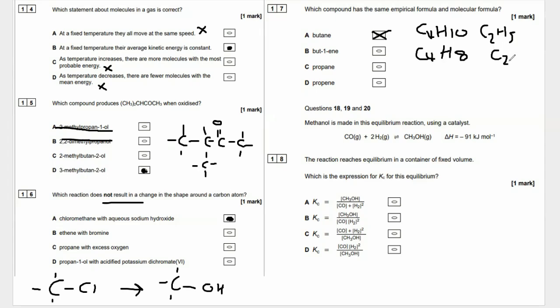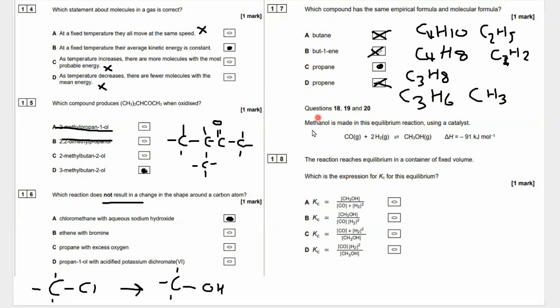Simplify that to CH2, can't we? Lovely bubbly. Propane, C3H8. Can we simplify that? No. So the answer is propane. Propene, of course, we could simplify this one. We could do CH2 by dividing both by 3. So the answer is propane.